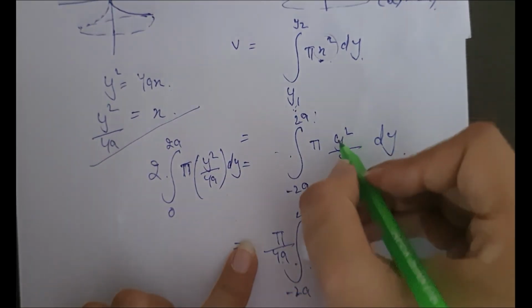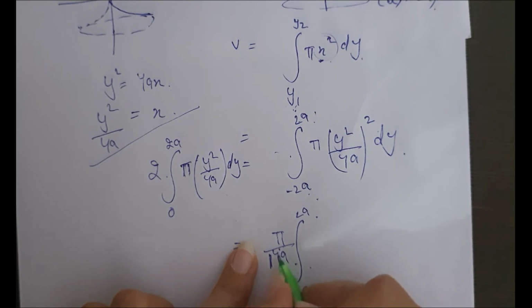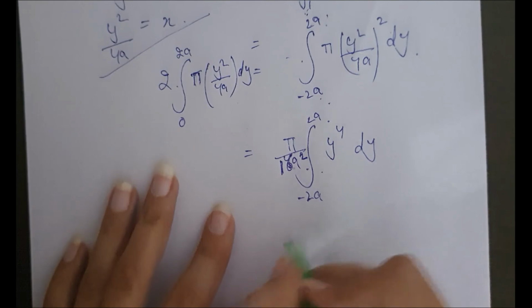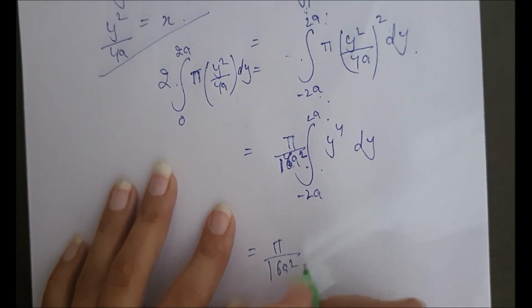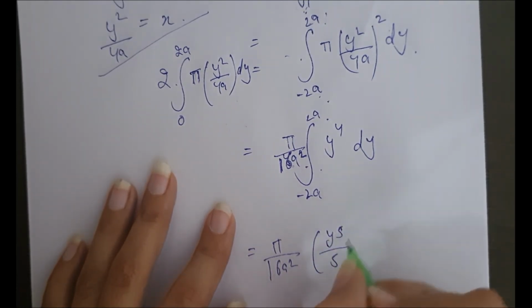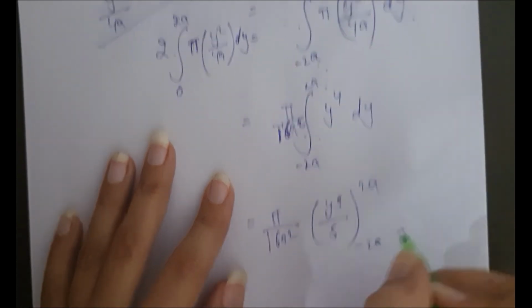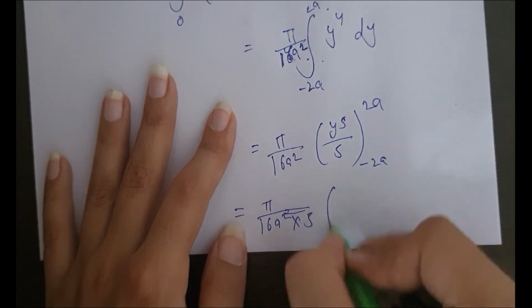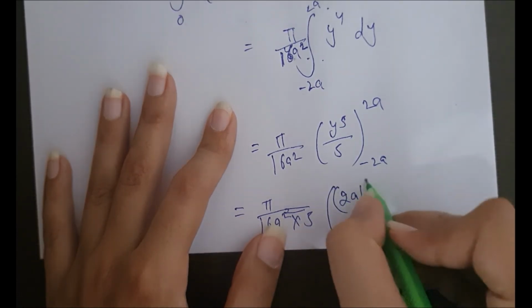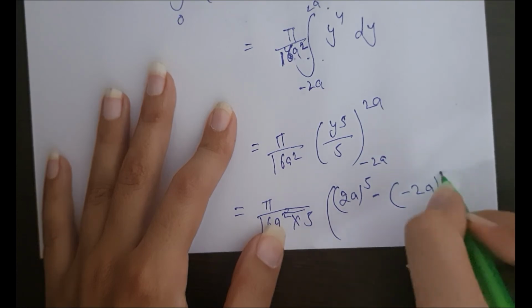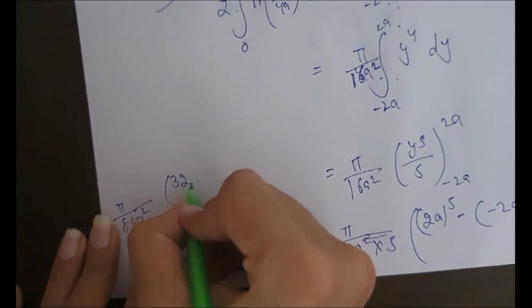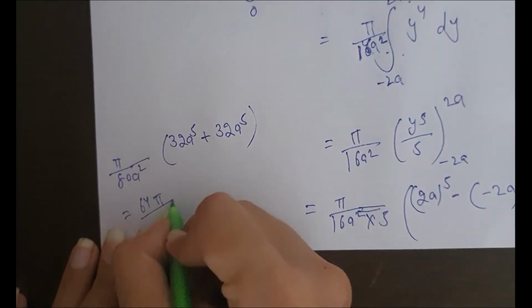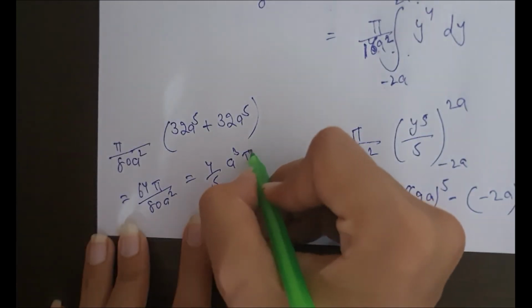Sorry, this is square. So this will be 16a square, and so this comes out to be the answer.